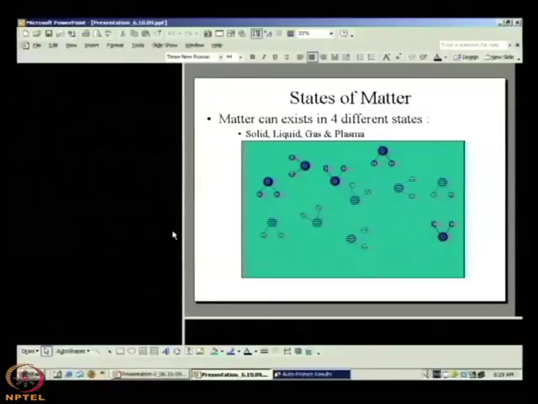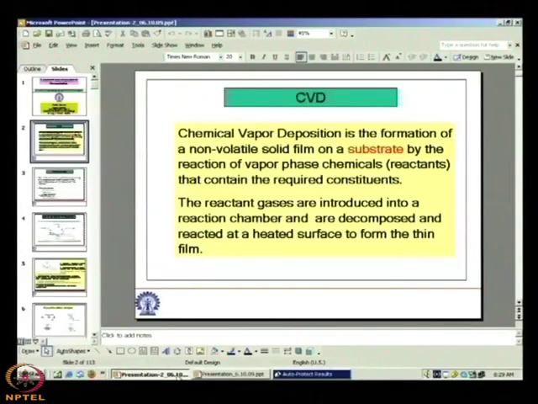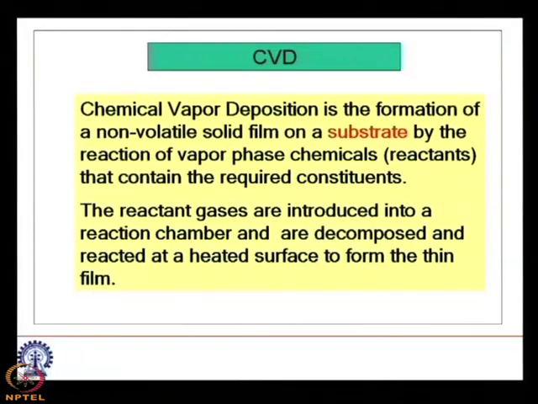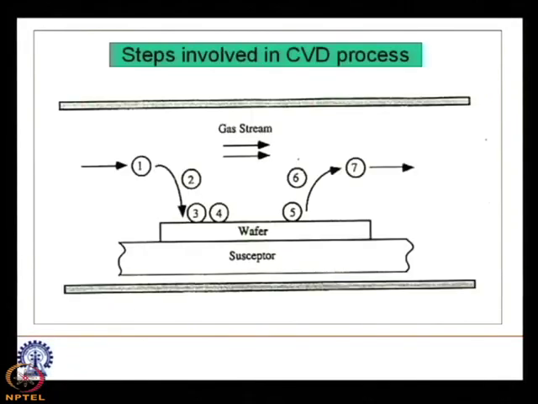Okay. So, now you see that for this CVD, I have shown some steps involved in CVD process. This is the susceptor, this is the wafer, 1, 2, 3, 4, 5, 6, 7.